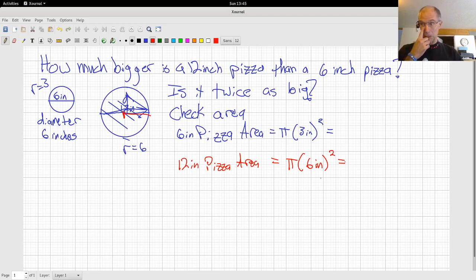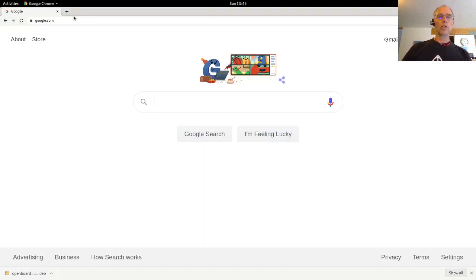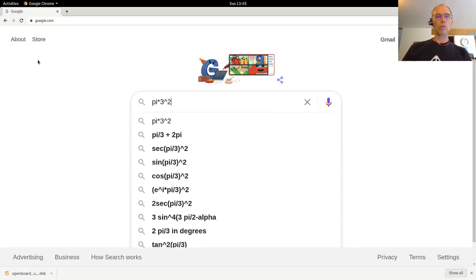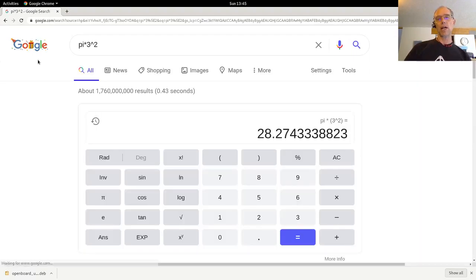It's 100 and something, 102-ish maybe, 108-ish. All right, let's get a calculator and find out. So I'm going to jump over to Google and ask Google, what is pi times 3 squared? And Google says it's about 28-ish. So I'm going to go to the nearest whole square inch.